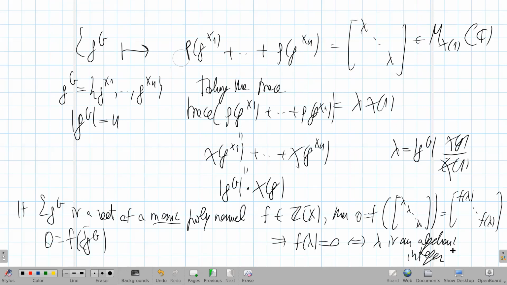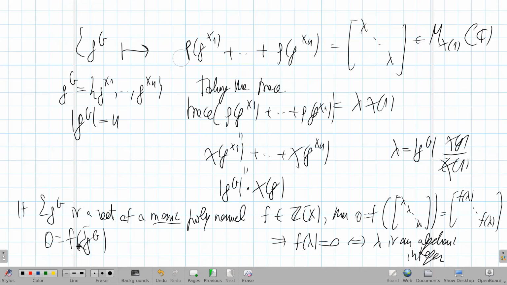Okay, so from the fact that this is integral, remember the term algebraic integer is reserved for elements of the complex numbers. In general, if you have a commutative ring of characteristic 0 that is contained in the integers, you say that an element is integral if it's a root of a monic polynomial with integer coefficients.